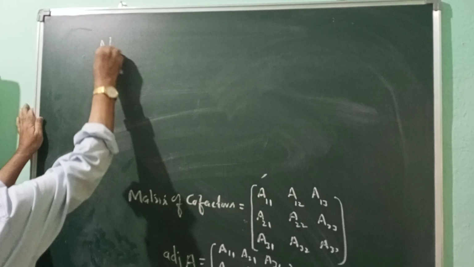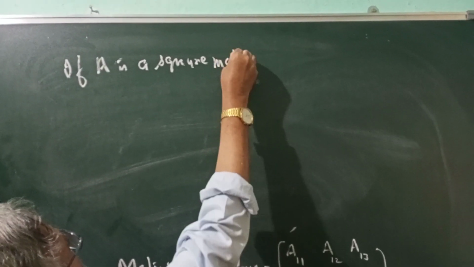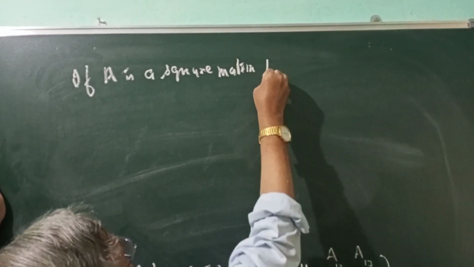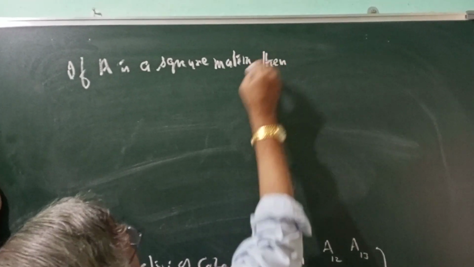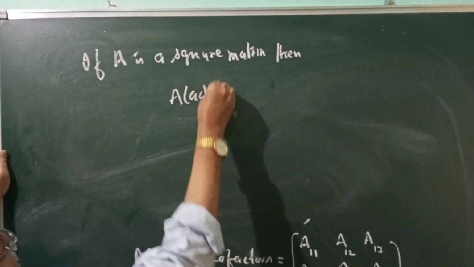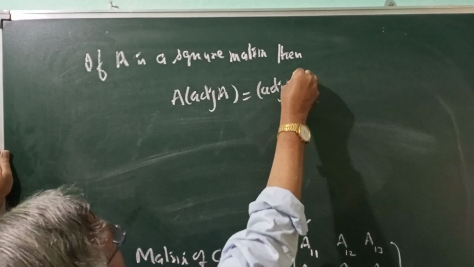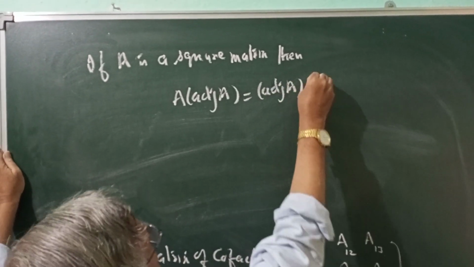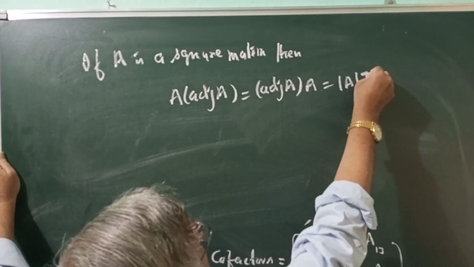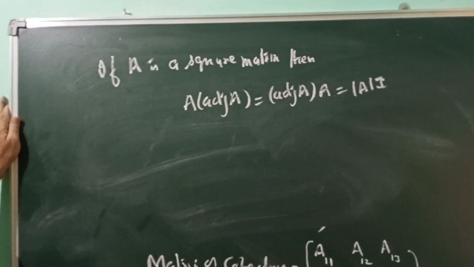If A is a square matrix, then A into adjoint of A is equal to adjoint of A into A is equal to determinant of A into I. This is one important theorem.